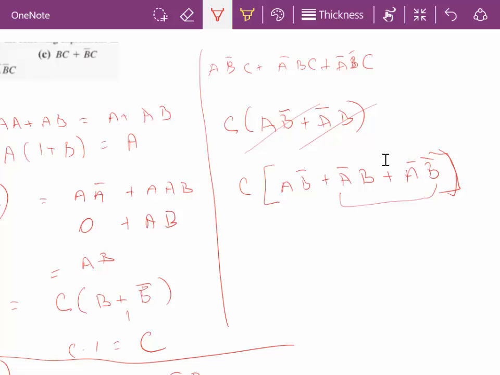If we factor these two, that's going to be A naught times B plus B naught, right? So this disappears, right? B plus B naught is equal to 1 times A naught, which is A naught. So now let's just write the whole thing again.